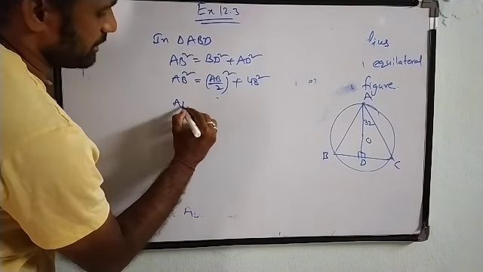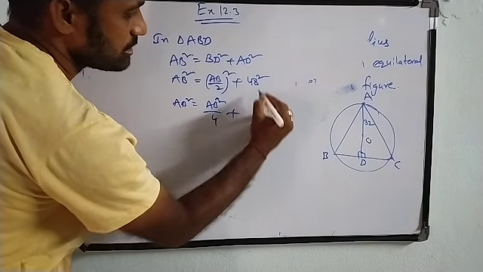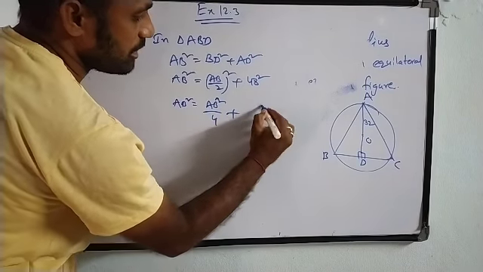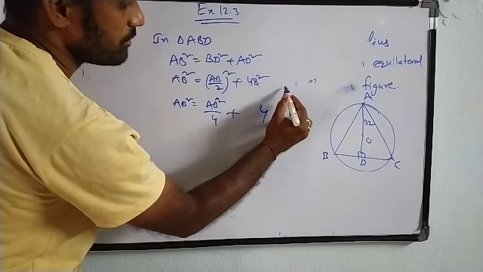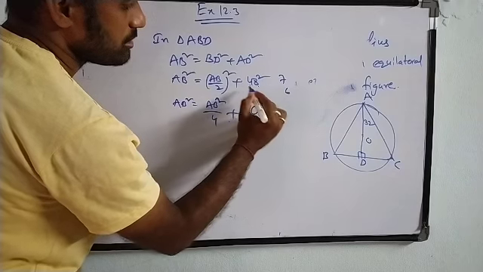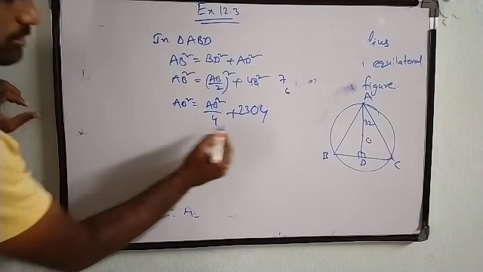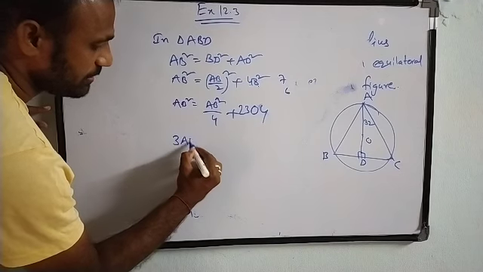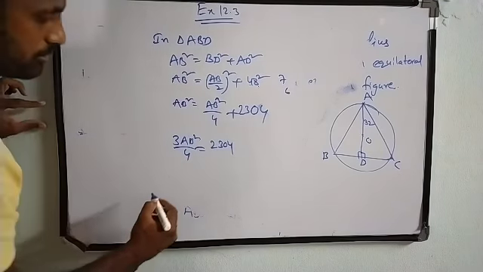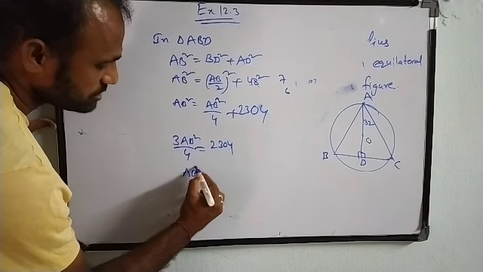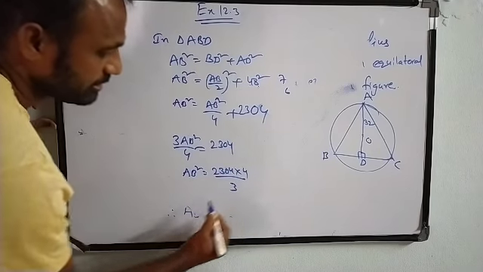So next we can write AB square is equal to AB square by 4 plus 48 square, which is 2304. So it will become 3AB square by 4 is equal to 2304. So AB square is equal to 2304 into 4 by 3.